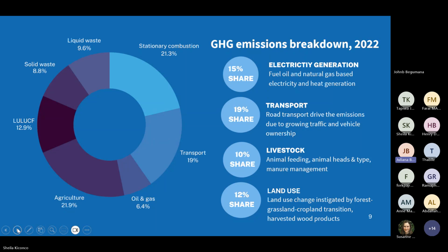For the different subcategories, you can find them on the left-hand side of the slide, with stationary combustion contributing 21.3% and agriculture contributing 21.9%, with the others following in that order. Next slide, please.